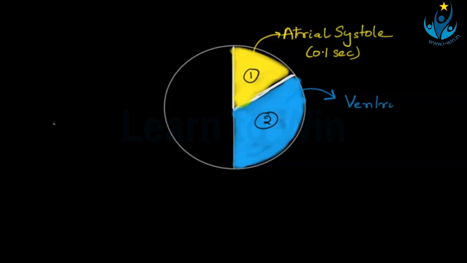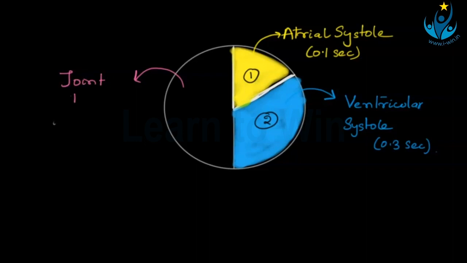The time period for this is 0.3 seconds. After that, the maximum time that is seen here belongs to the joint diastole, which lasts for 0.4 seconds.